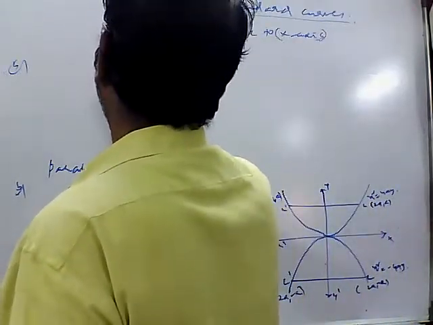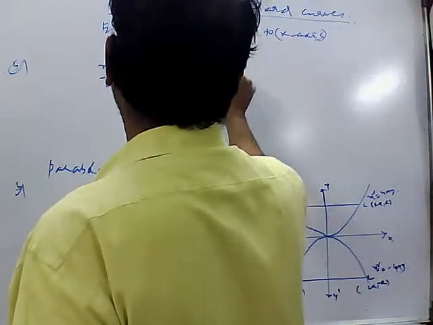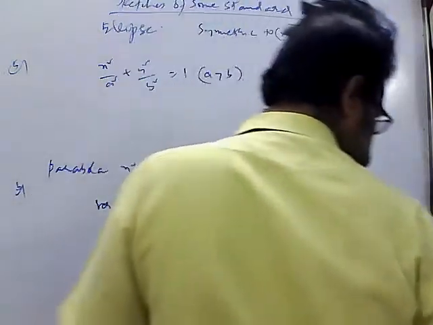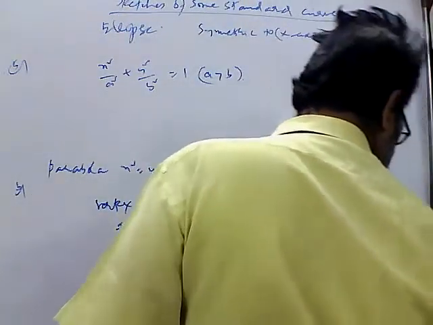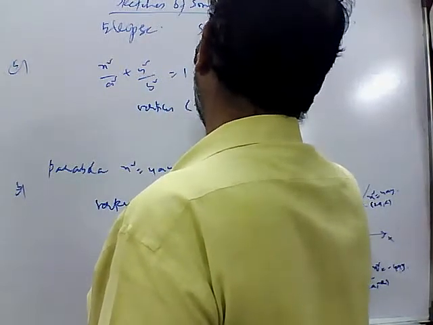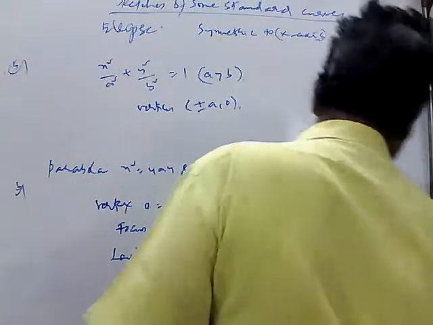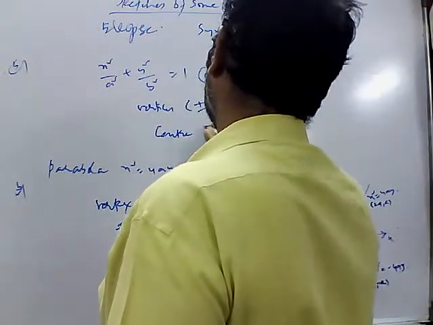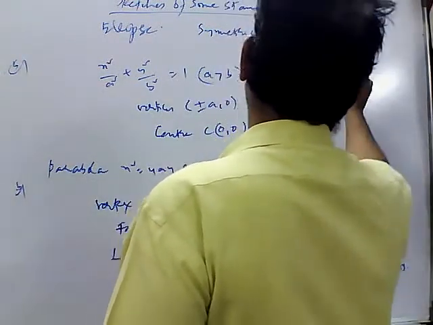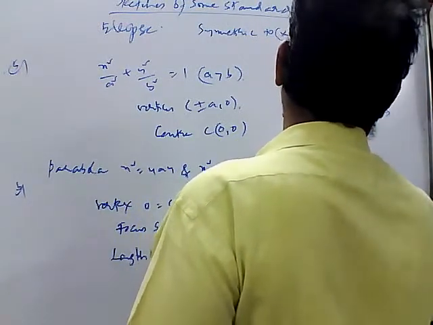X square by a square plus y square by b square is equal to 1, a greater than b. Vertices plus or minus a comma 0. Center 0, 0.